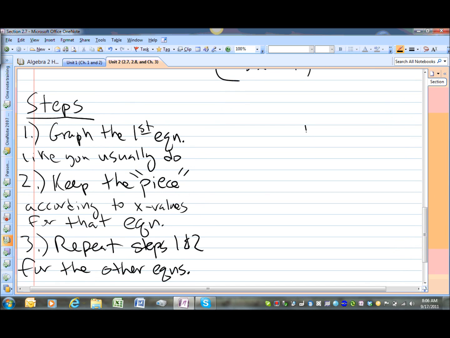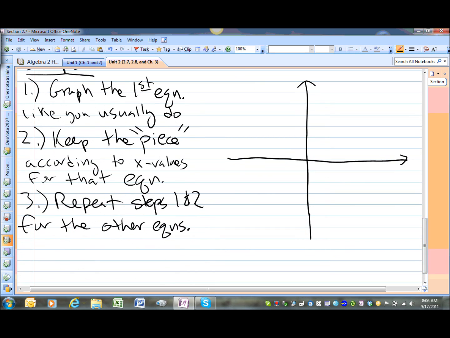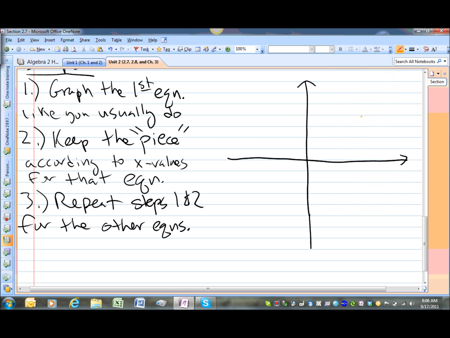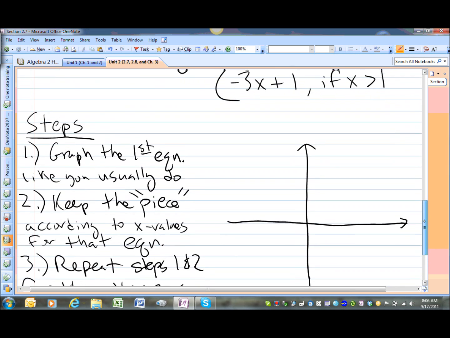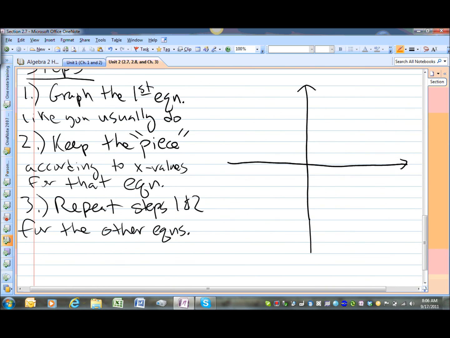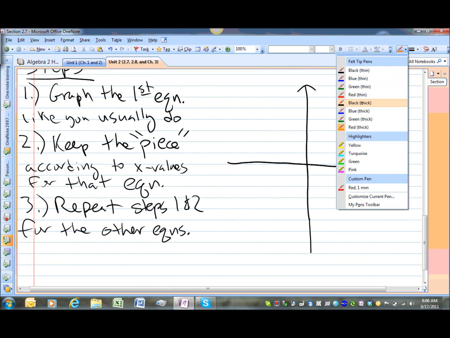So here is a coordinate plane, right? Change color, going back to orange. So first equation, 2x minus 1. Actually, I should do some tick marks first. Let's do that.